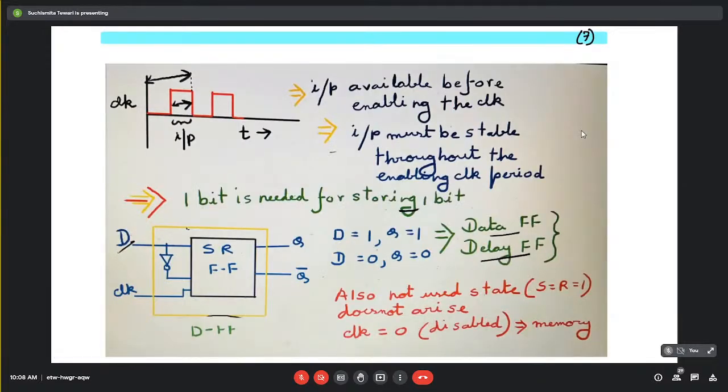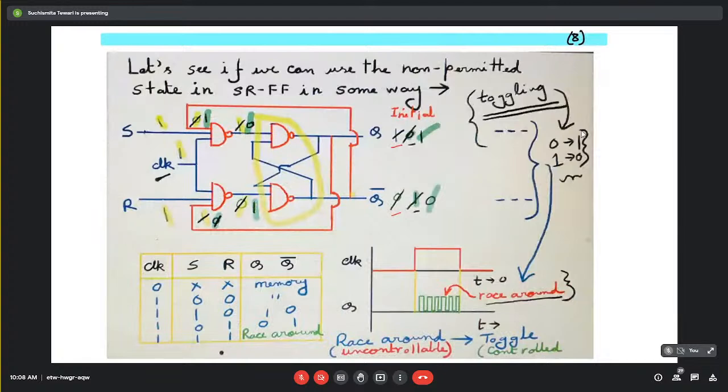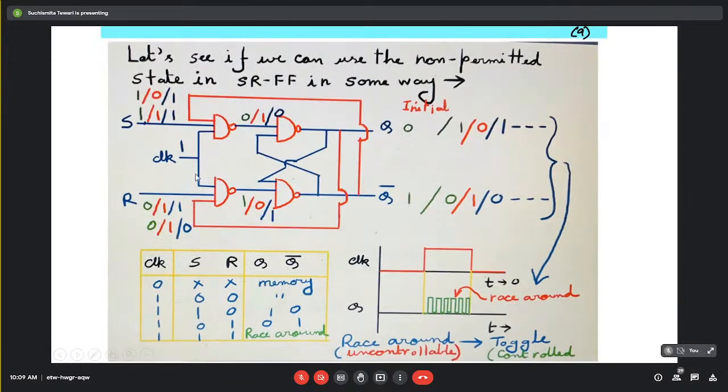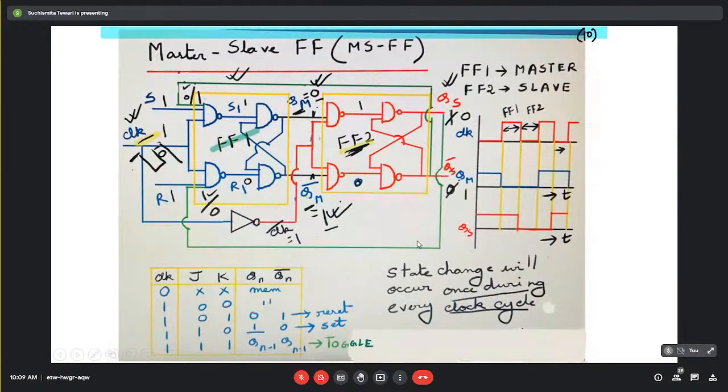SR flip-flop we have seen, and there we also introduced another kind of flip-flop, that is the data flip-flop. And after using the data flip-flop, we wanted to use that 1-1 condition in some way so that we can produce something useful out of it. So we have arranged a circuitry like this, and we have used that 1-1 condition to ultimately produce a toggling action.